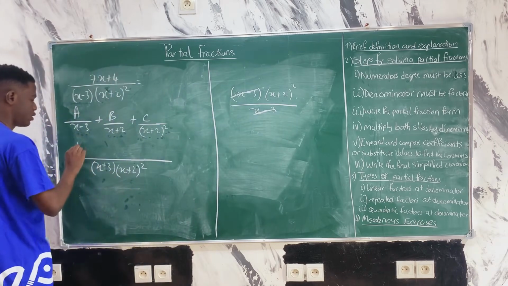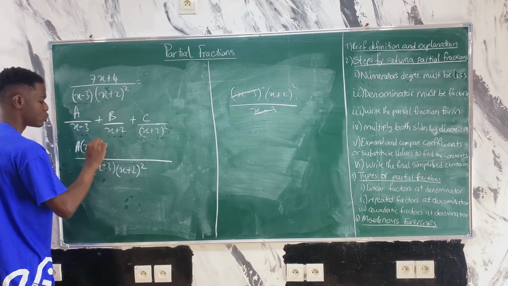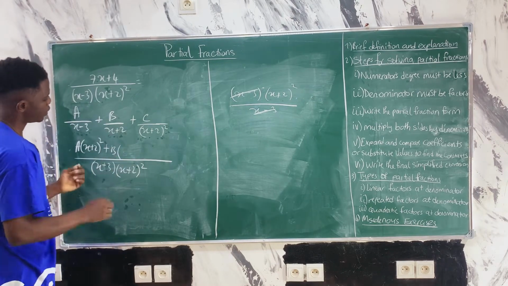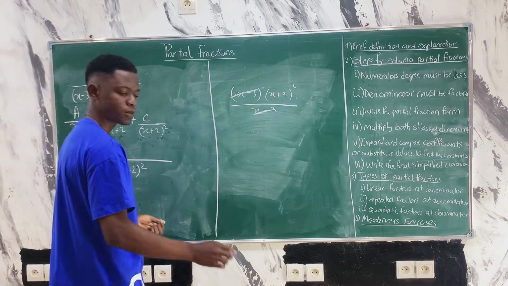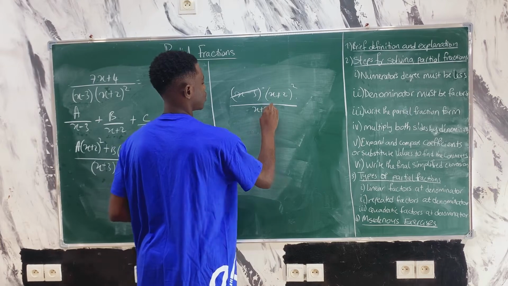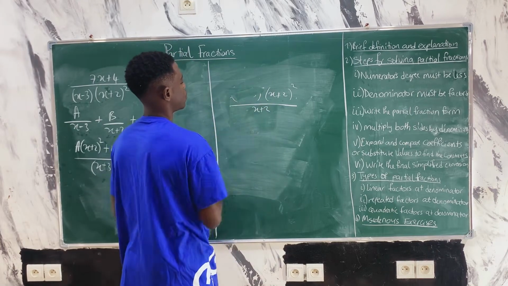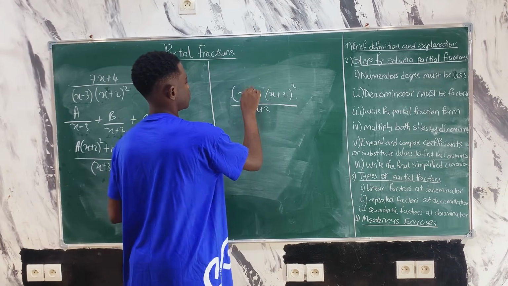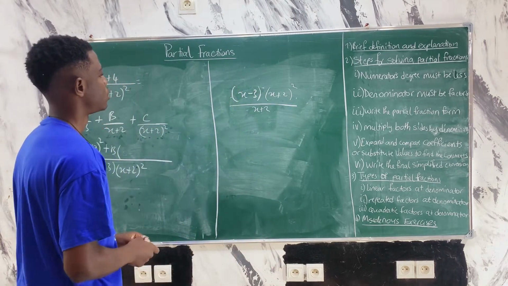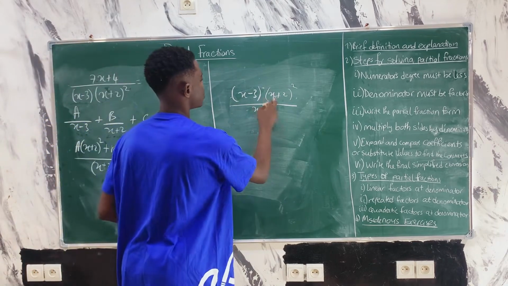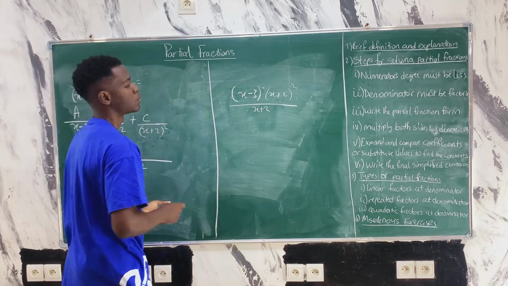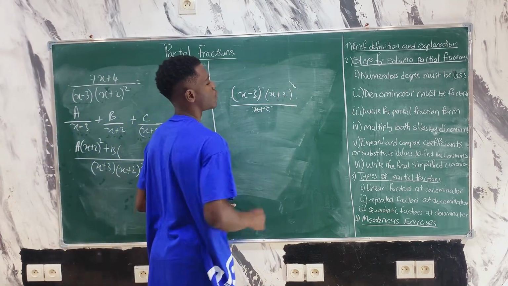So I'll have A into x plus 2 all squared, plus B into, the B denominator is x plus 2, so x minus 3 into x plus 2 all squared divided by x plus 2 will cancel one of the squares.